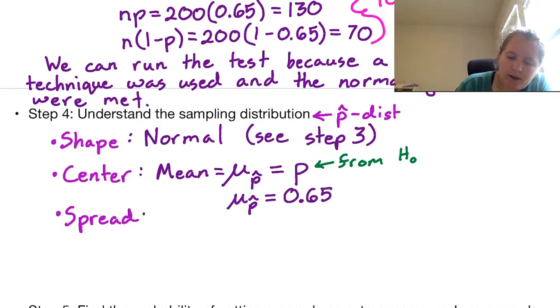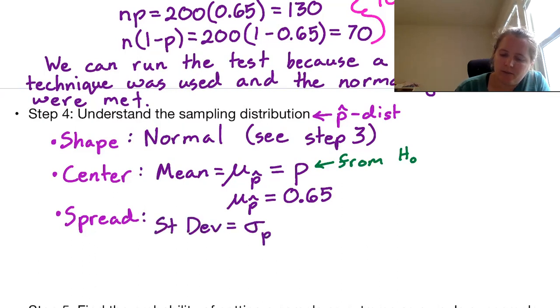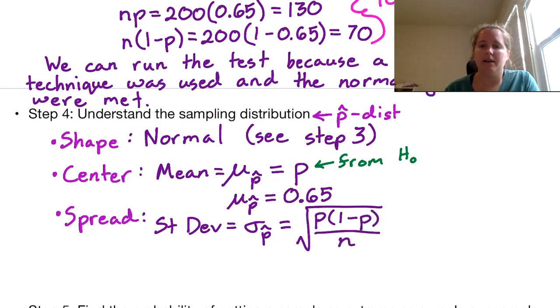Then for our spread, our standard deviation, or sigma sub p-hat, is equal to the square root of p times 1 minus p divided by n.